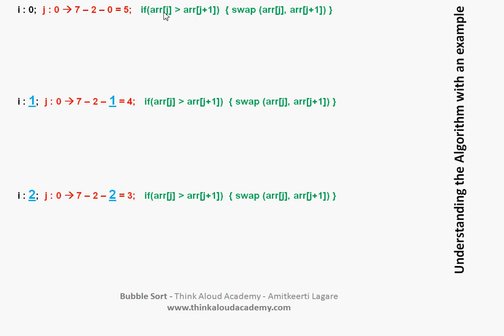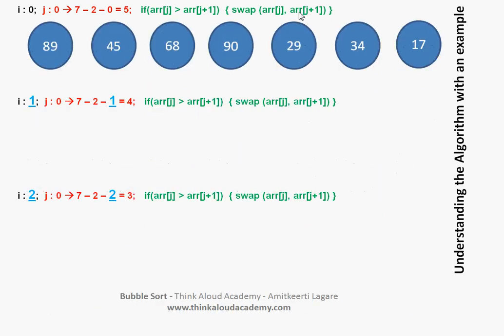And then if the element on the left hand side is bigger than the element on the right hand side, we will swap. Let's take the same numbers. When i is equal to 0 and j is equal to 0, we check 89, that is a of j, with 45, that is a of j plus 1.